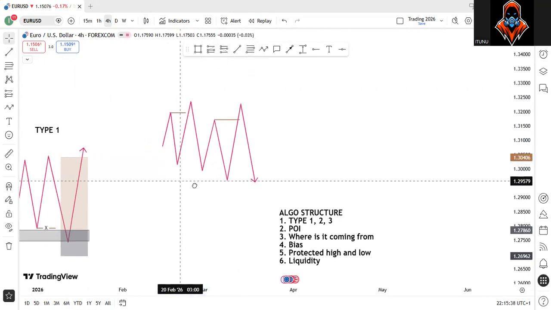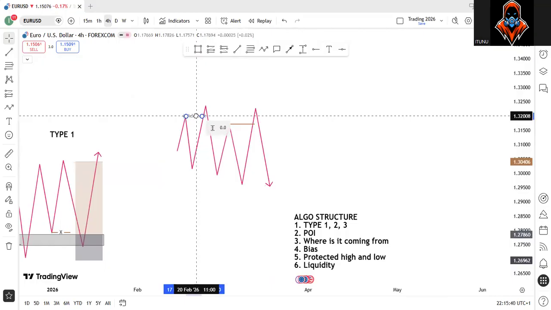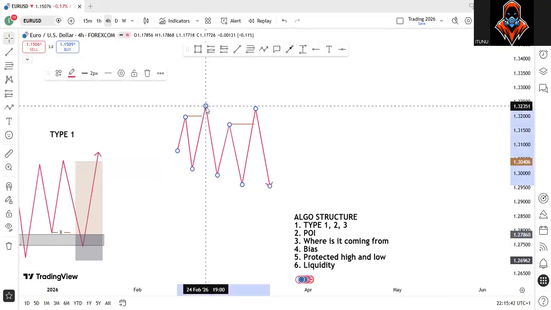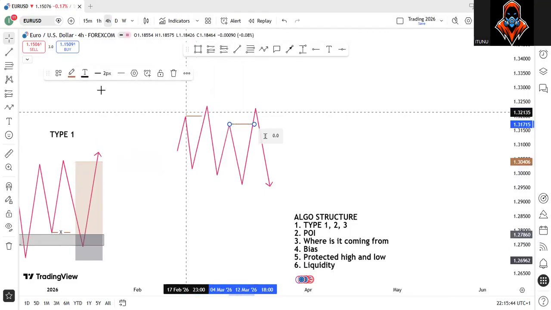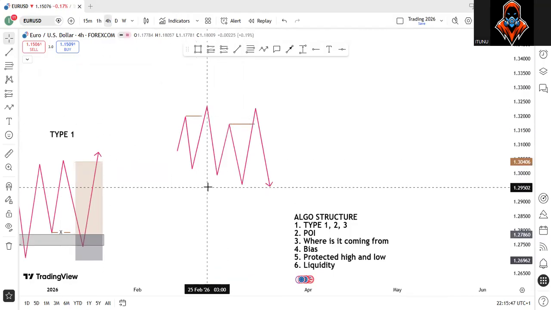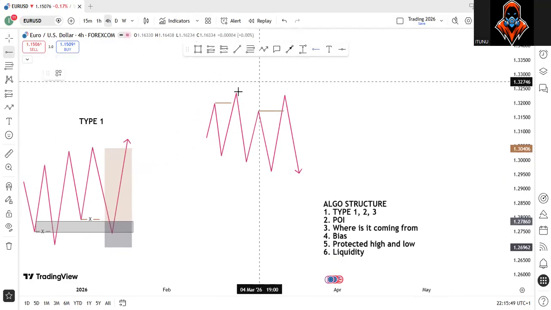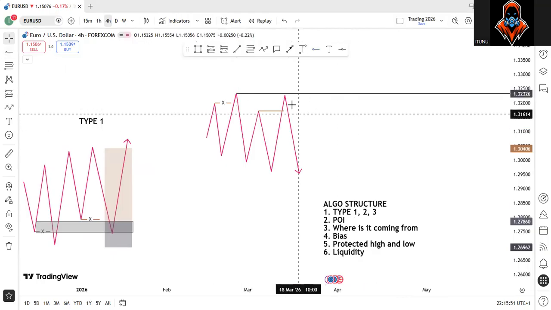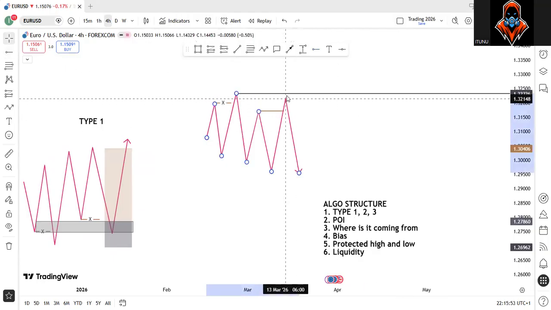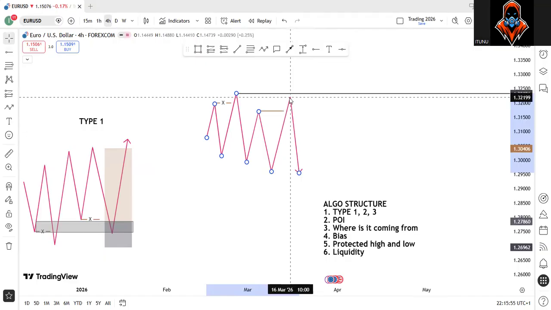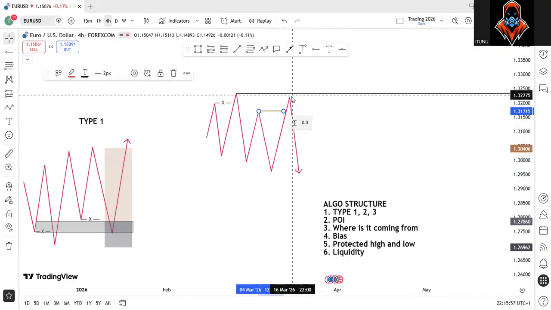So first of all, we get a sweep in price. Price sweeps this high, then it creates liquidity at this point. This is going to be our protected high. That means we do not expect price to take out this level.